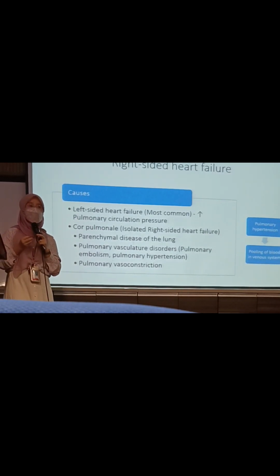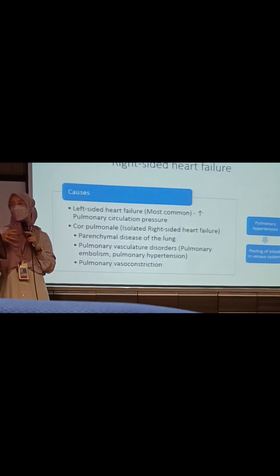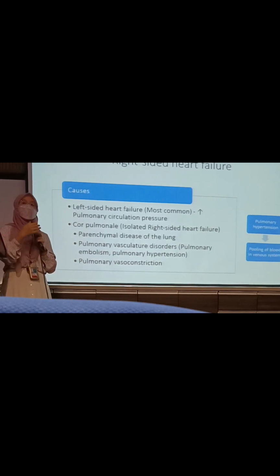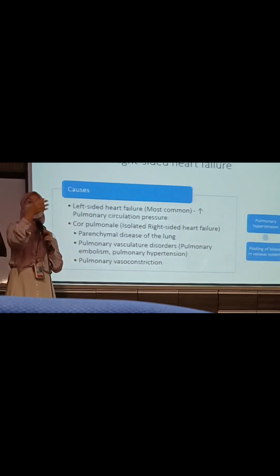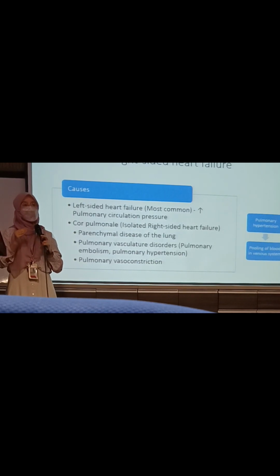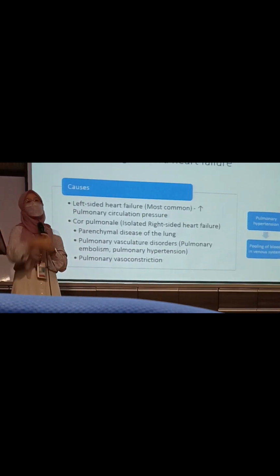So it will cause pulmonary hypertension and pooling of the blood in the venous system. Compared to the left, where it cannot supply but the congestion is at the lung, in the right side, now it cannot pump blood to the pulmonary circulation, and the pooling of blood is at the systemic.